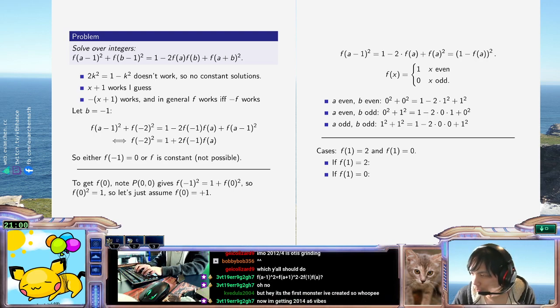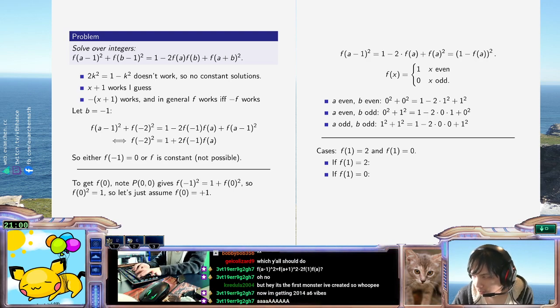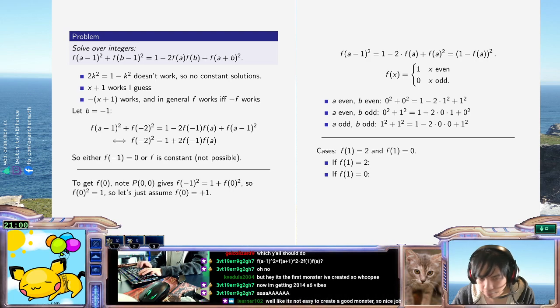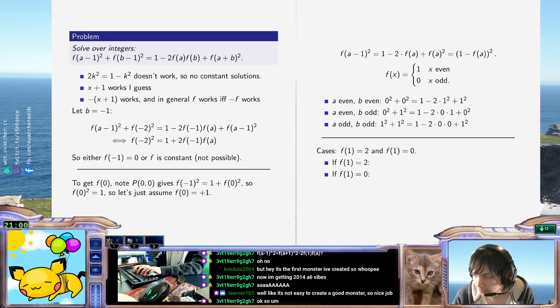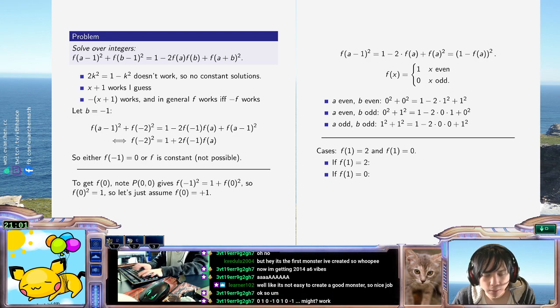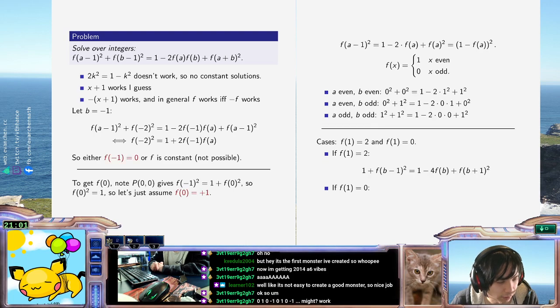So if f(1) equals 2, then when I plug in, 1 plus f(b minus 1) squared equals 1 minus 2 f(1), which is 4, f(b) plus f(b plus 1), all squared. Oh geez, does that work?